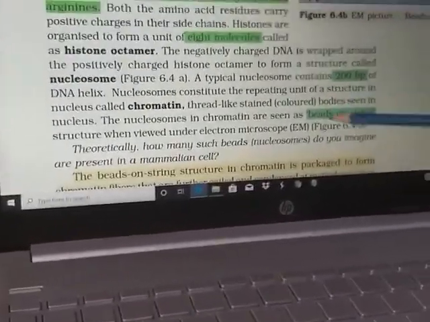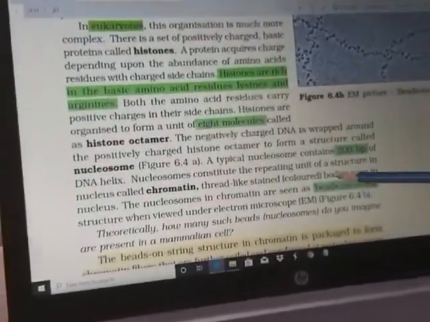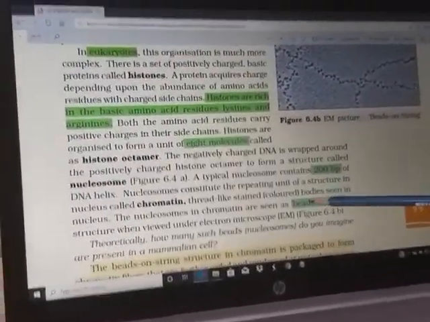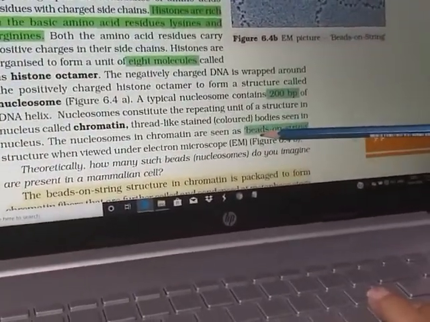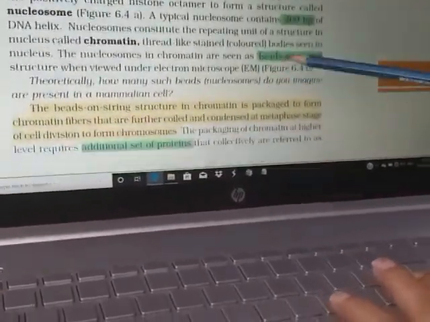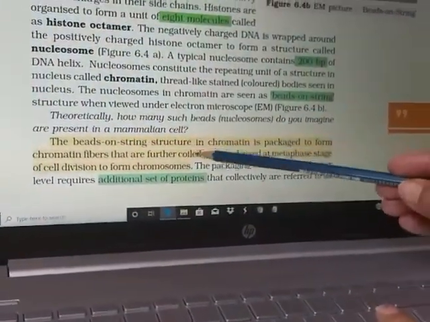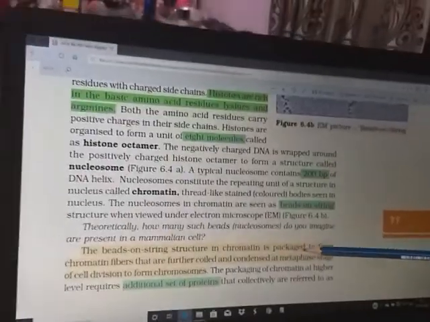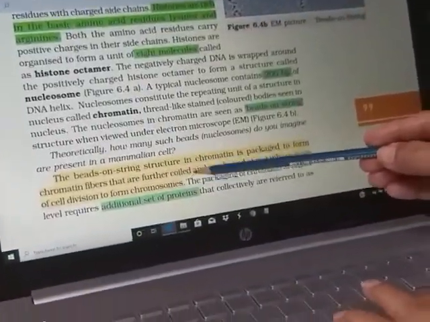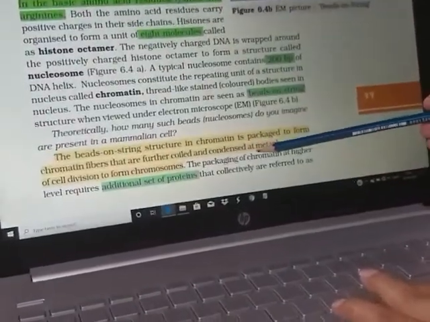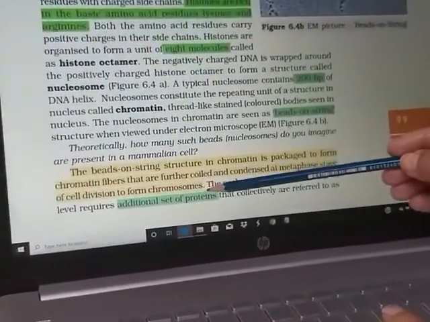We have studied the nucleosome, which is negatively charged DNA wrapped around the positively charged protein, an octamer of 8 molecules. This is how DNA is packed. The beads on the string structure in the chromatin is packed to form chromatin fibers that are further coiled and condensed at the metaphase stage of cell division to form chromosomes.